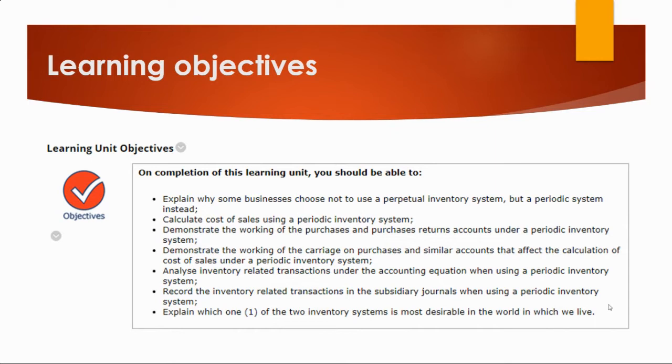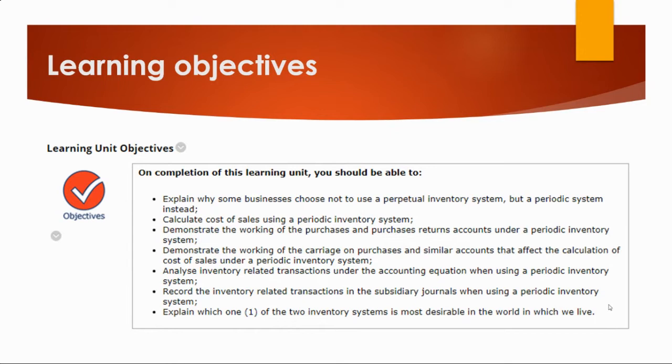Now, the periodic inventory system is a lot cheaper to do, so small businesses would prefer periodic, versus perpetual, which is more for your bigger businesses. Because it's a very expensive system, your bigger businesses would normally use it, as they need to know exactly how much stock they have at any point in time.